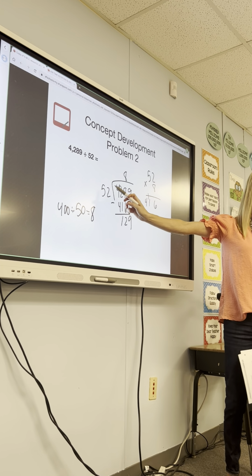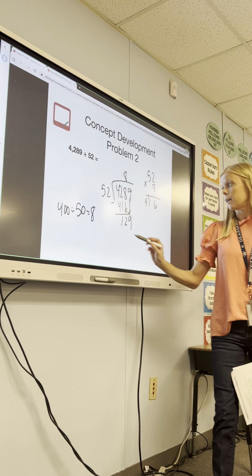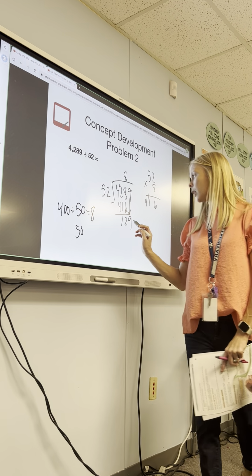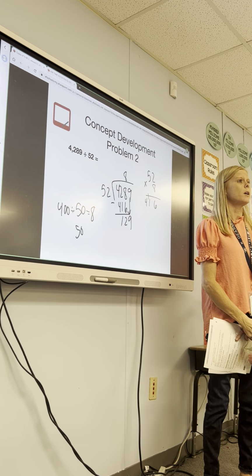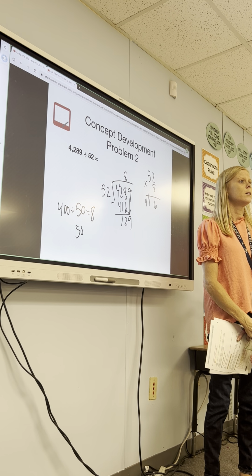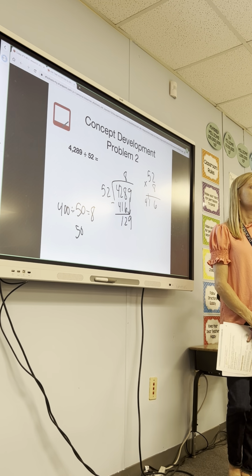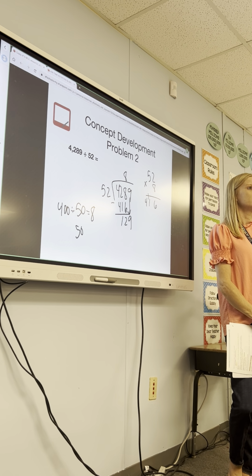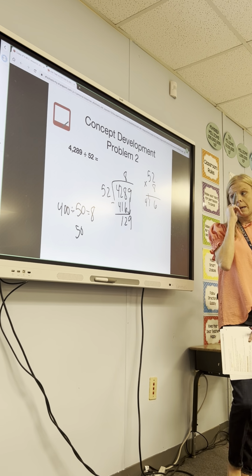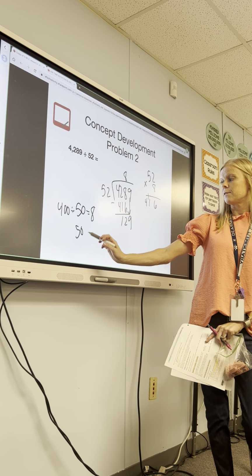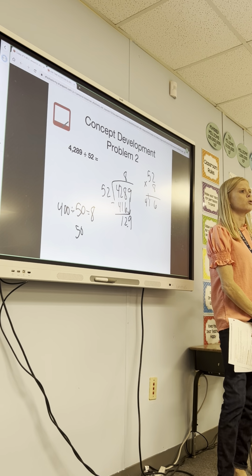So again, we can change our 52 up to a 50, right? What could we do to 129 to get our estimate? Thomas? If we're trying to divide by 50 and get an even number, what could we change 129 to?